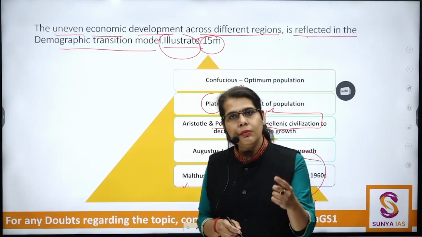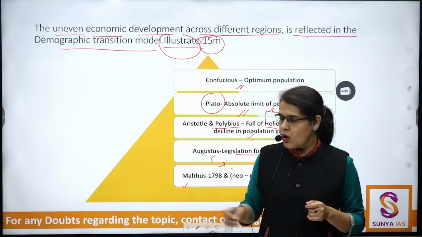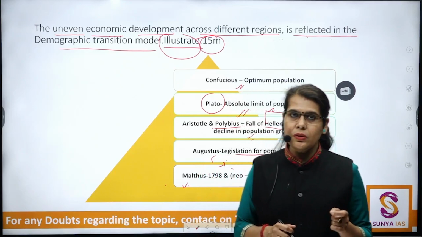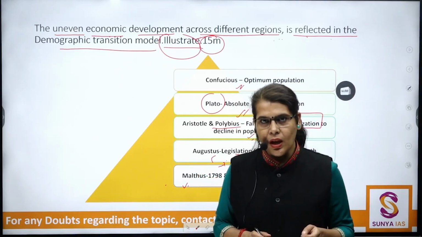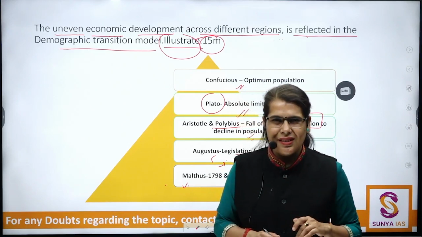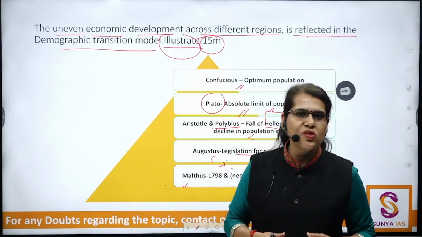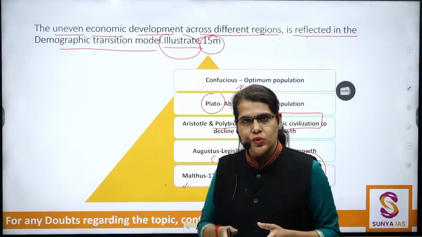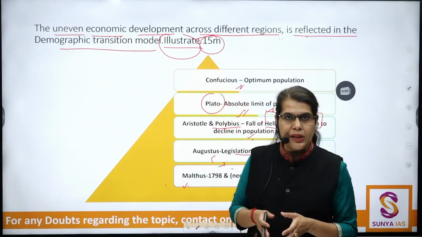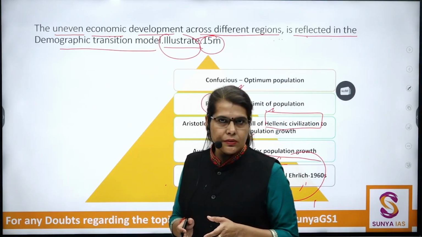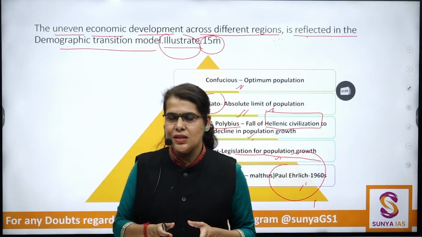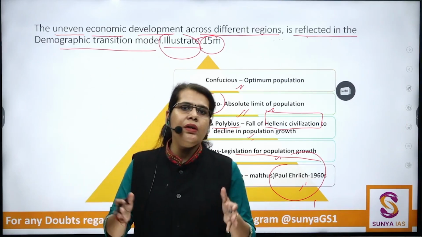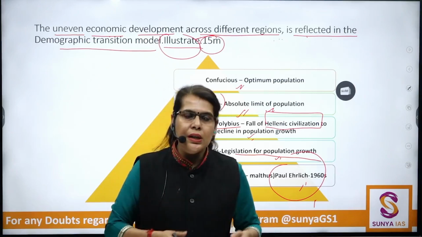Now when we talk about the demographic transition model, Malthus and the DTM are both important concepts. Whenever we talk about population theories, the idea of demographic transition is completely different from the idea proposed by Malthus. Malthus talks about population in the context of food resources, whereas the DTM describes the stages through which the demography of a particular nation may go.